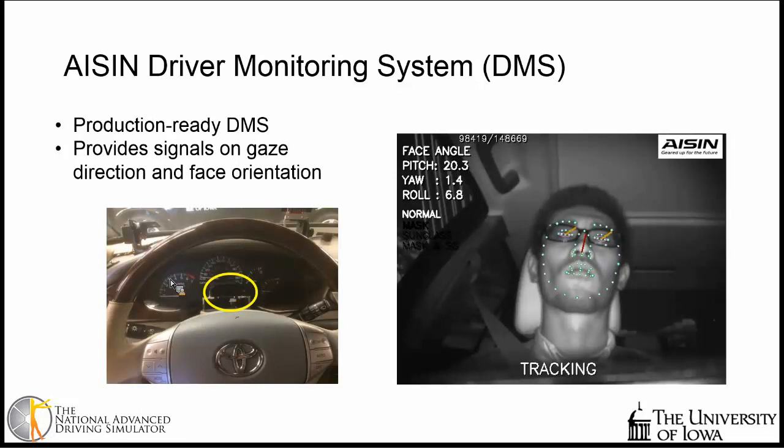It's located above the steering wheel, back by the instrument cluster, circled by the yellow ring there is the location. So it was looking a little bit up at the driver through the steering wheel, and it gives a perspective of the driver's face that you can see on the right there.